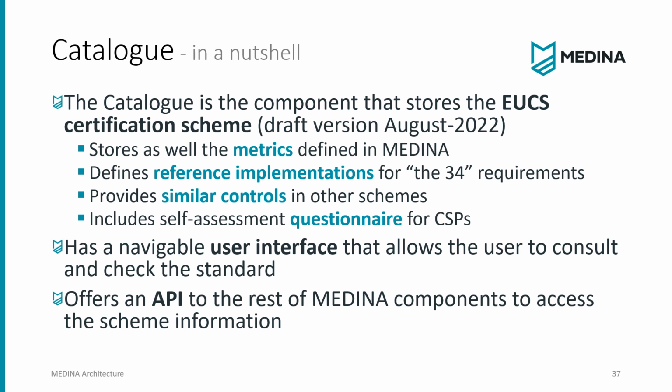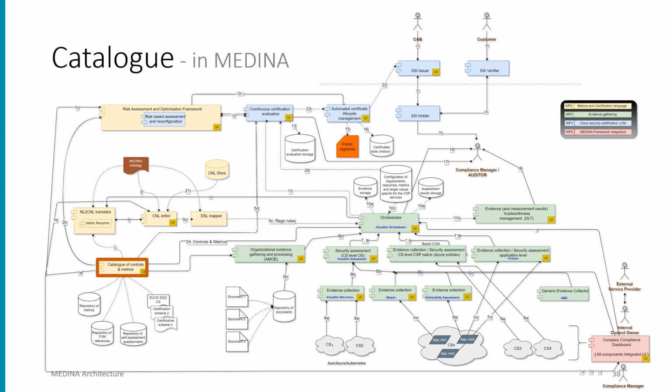It offers a GUI that allows the user to navigate the standard. And an API for the rest of MEDINA components to access the scheme information. This diagram shows the catalog fitting in MEDINA architecture. The input comes mainly from the preloaded data, the EUCS, metrics and questionnaires, and also from an operator answering the EUCS compliance questionnaire.